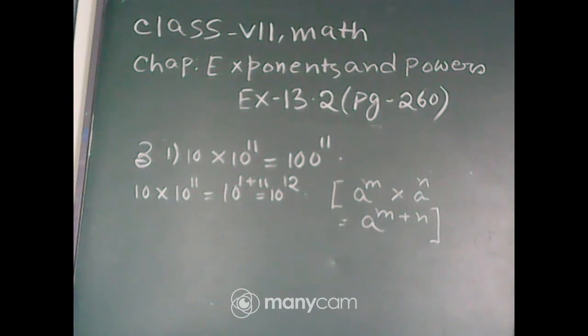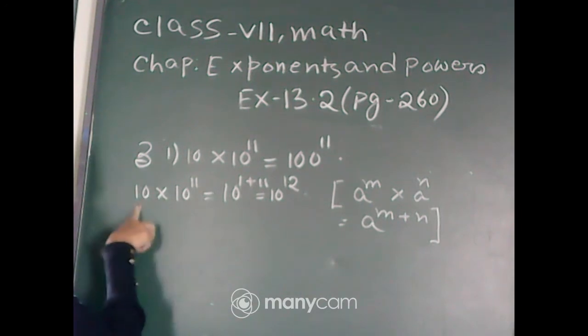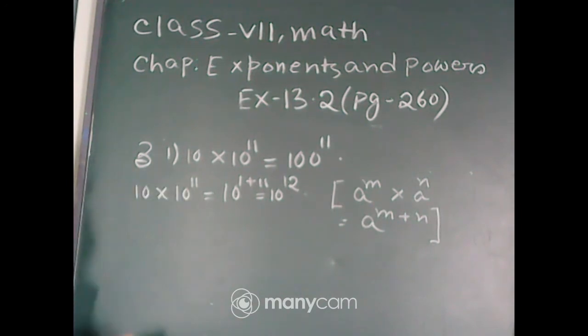Where a is any non-zero integer, m, n are whole numbers. Here the bases are same, but the powers are different. So, the law is multiplying powers with the same base.